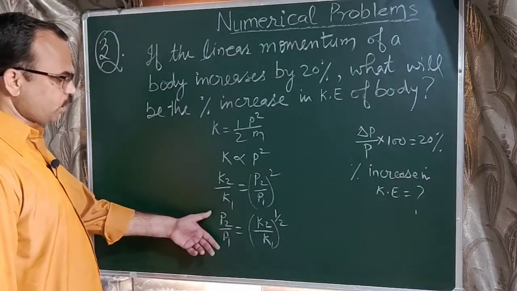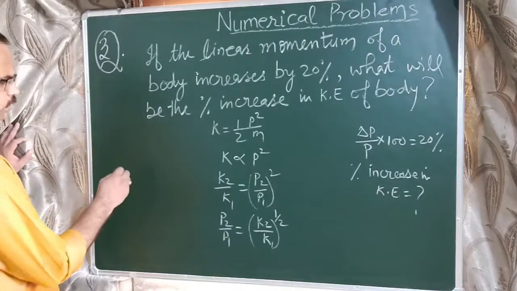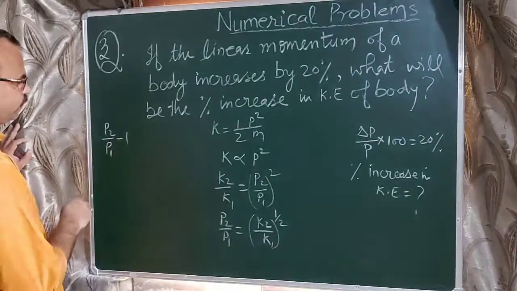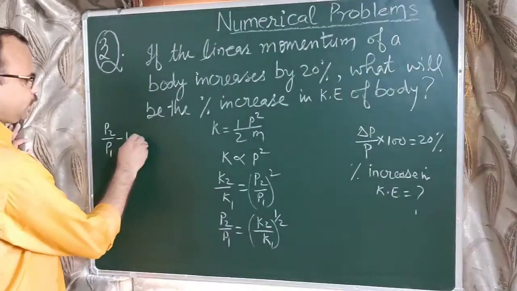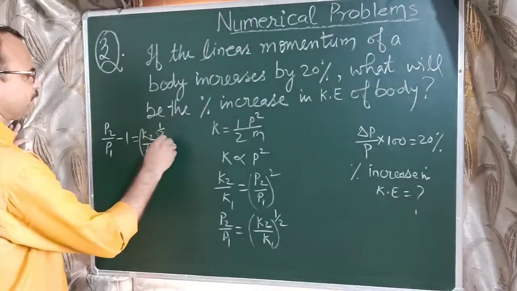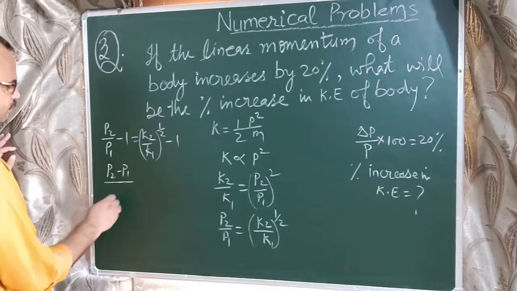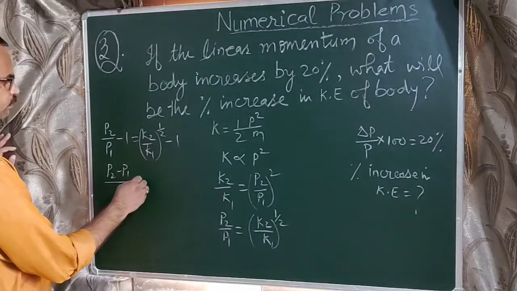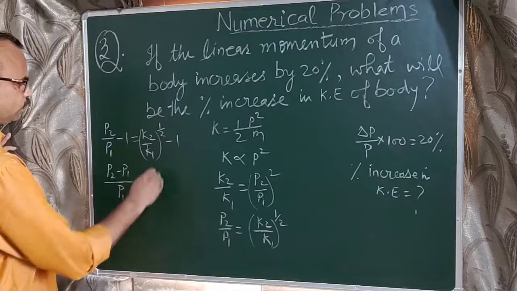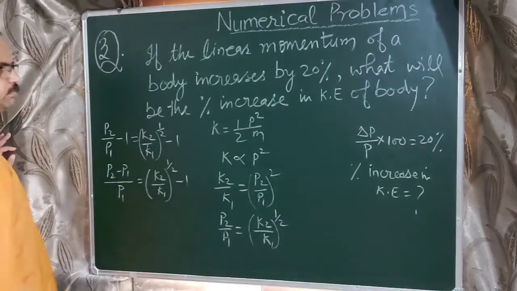So now form the percentage formula. P2 upon P1 minus 1. We have to subtract 1 from both sides, is equal to K2 upon K1 power 1 by 2 minus 1. Then P2 minus P1, meaning change in momentum upon original momentum, is equal to K2 upon K1 power 1 by 2 minus 1.